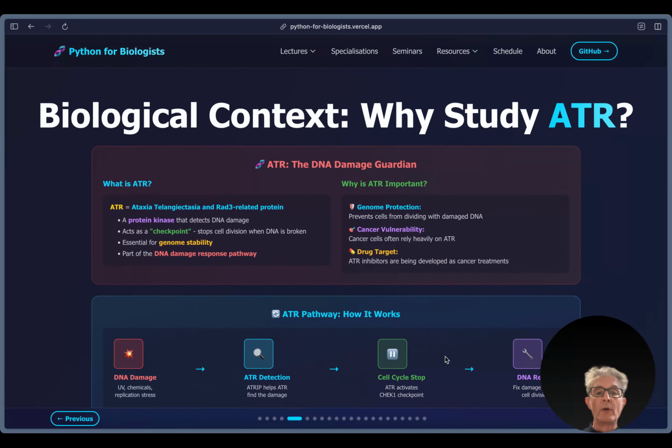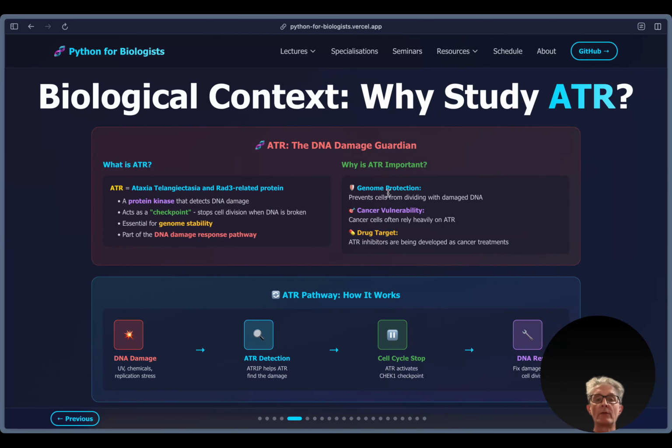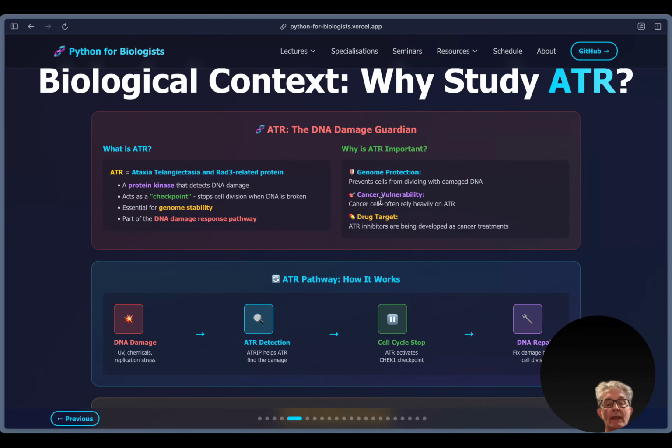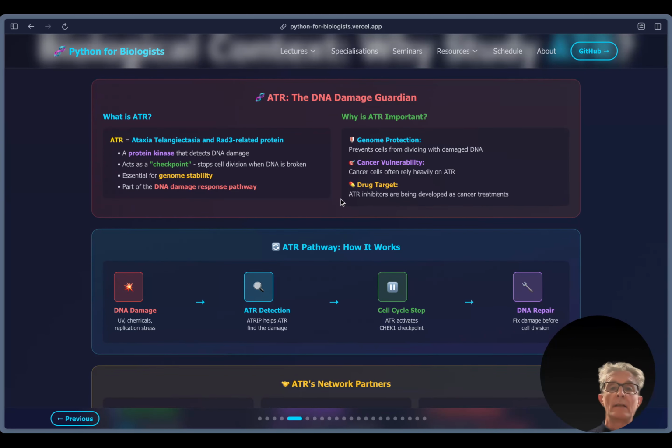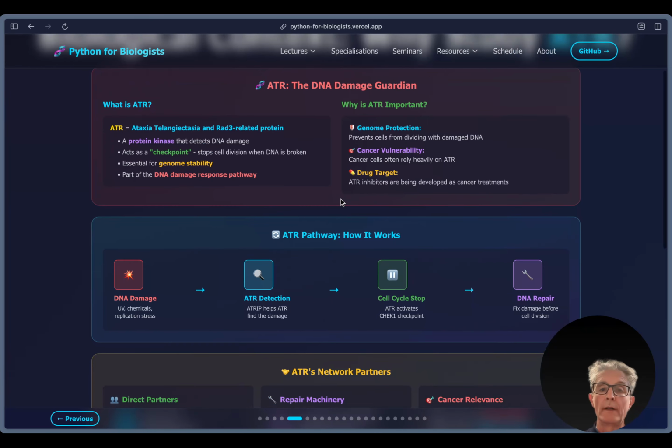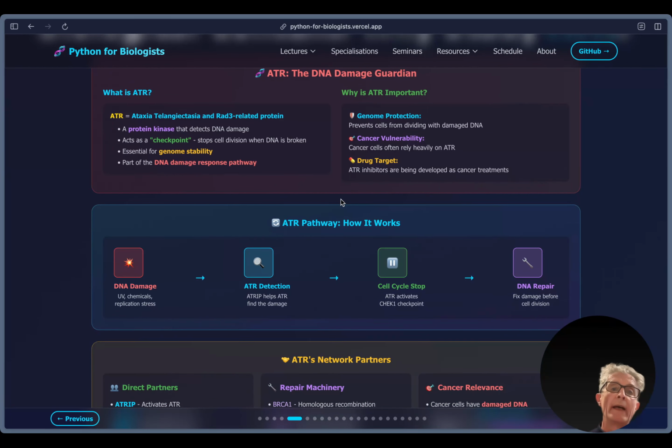Before we do that, let's talk a little bit about the biological context. ATR is a really critical gene. It's a guardian of the genome, and it gets activated when DNA is broken and damaged. It is a kinase, and it then activates loads of downstream regulators to initiate DNA repair, to initiate a checkpoint, to halt the cell cycle.